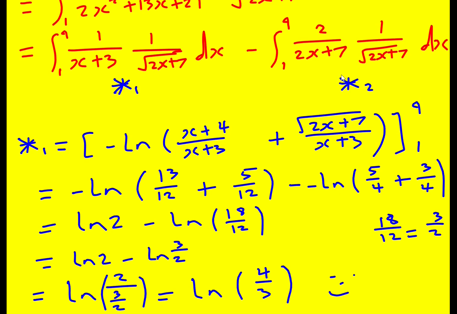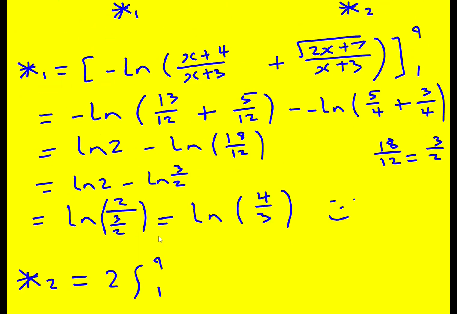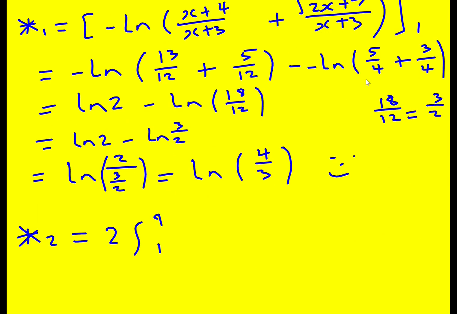It's going to be the integral of 2. I can bring that 2 out, from 9 to 1, and then it's going to be 1 over 2x plus 7 times root 2x plus 7.